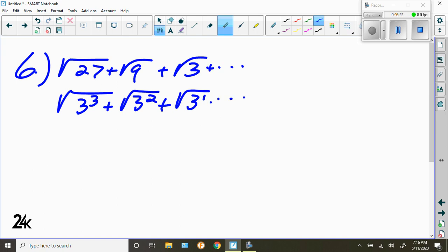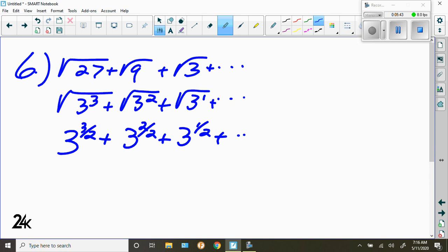So then you're like, what? That still doesn't make sense to me. Okay, that means it's really 3 to the 3 halves plus 3 to the 2 halves plus 3 to the 1 half plus dot, dot, dot. Oh, okay, now I see it.